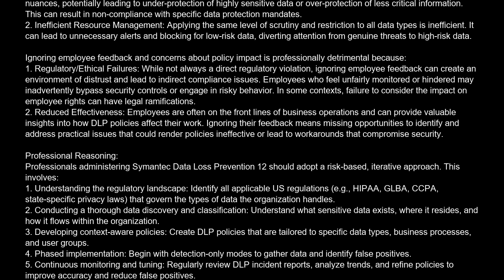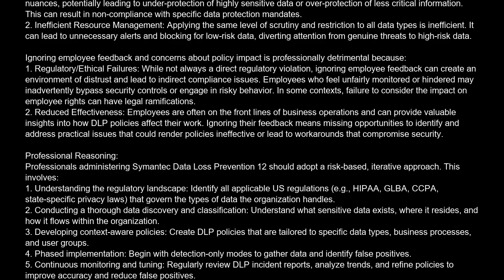While not always a direct regulatory violation, ignoring employee feedback can create an environment of distrust and lead to indirect compliance issues. Employees who feel unfairly monitored or hindered may inadvertently bypass security controls or engage in risky behavior. In some contexts, failure to consider the impact on employee rights can have legal ramifications.